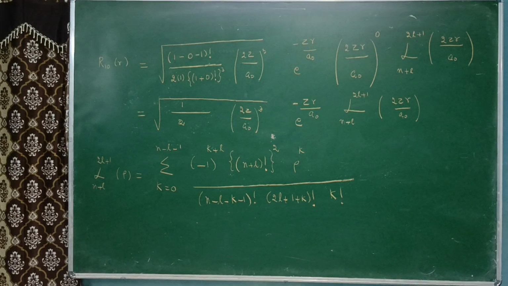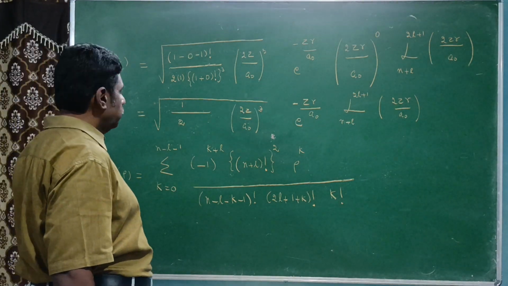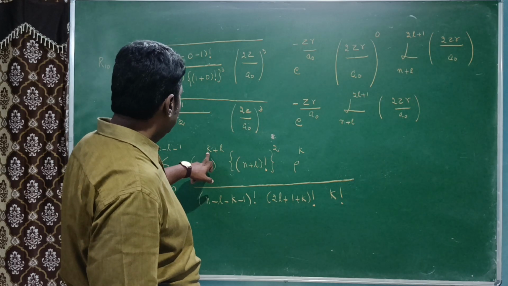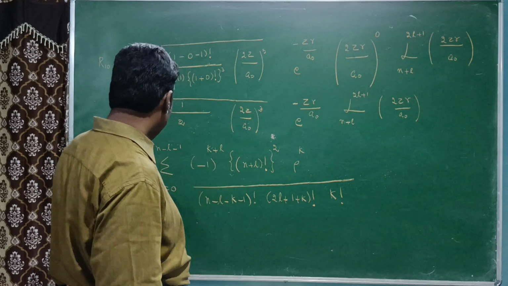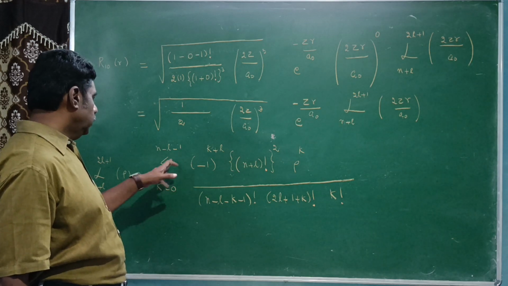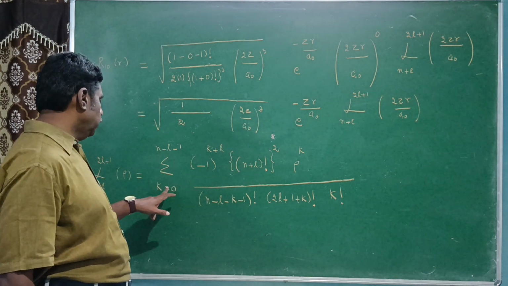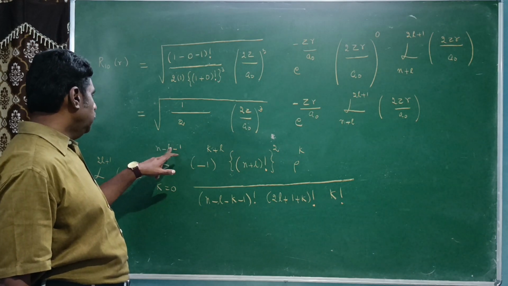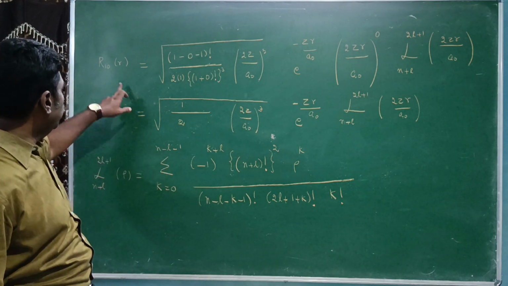In this equation, we have to find out the value of this Laguerre polynomial by substituting k equal to 0, because the lower limit is k. This is the summation, k is varying from 0 to n minus l minus 1. In our case, the value of n is equal to 1.